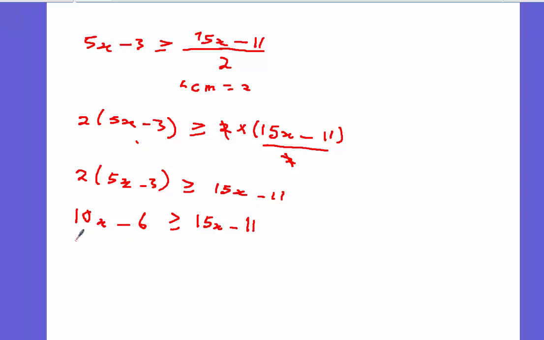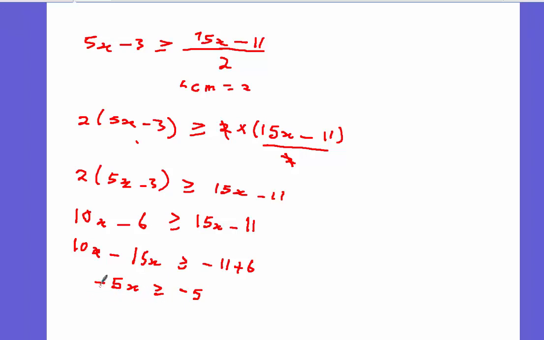Good. So 10x, grouping like terms, minus 15x greater or equal to negative 11 plus 6. Negative 5x greater or equal to negative 5. Good.